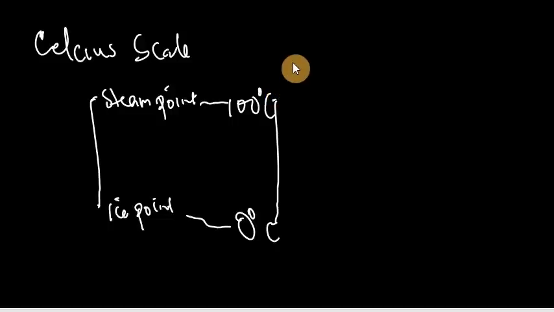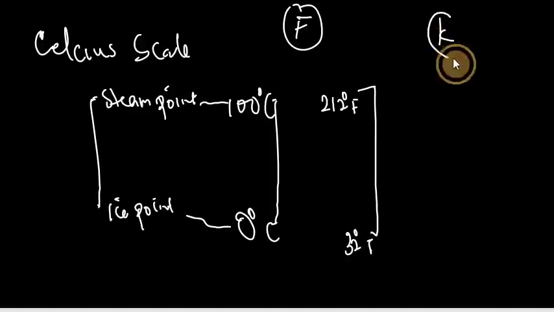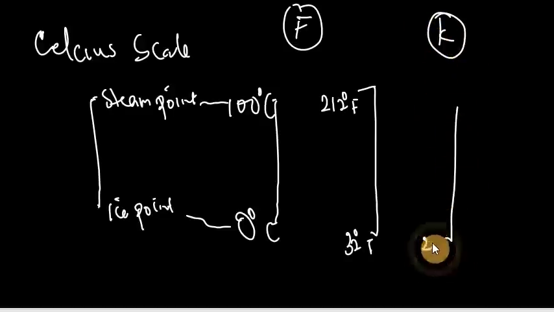Now for the Fahrenheit scale, I'll be using F to represent it. You have this as 32 degrees Fahrenheit, and this is 212 degrees Fahrenheit. For the Kelvin scale, you have this as 273 Kelvin, and this is 373 Kelvin.